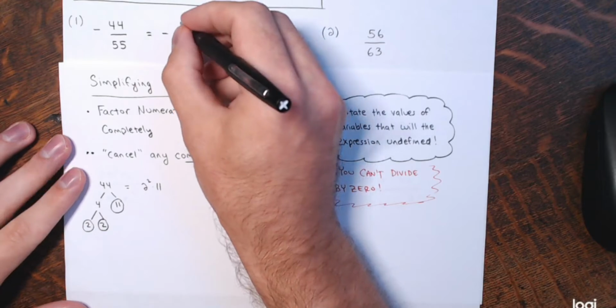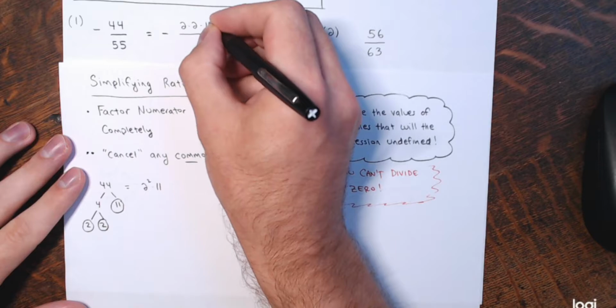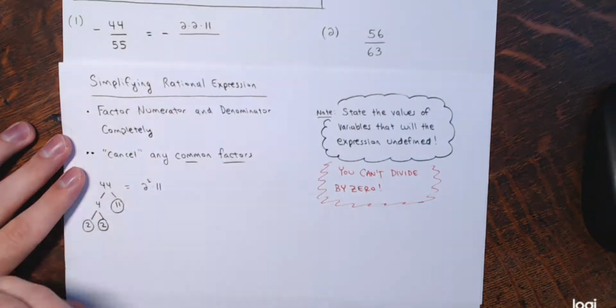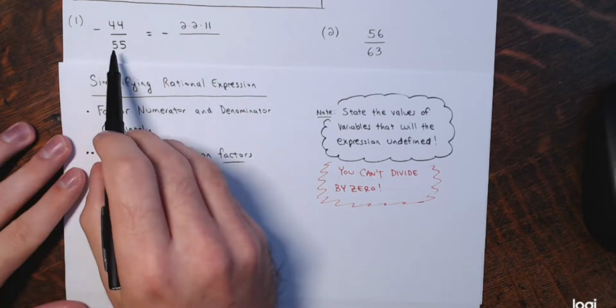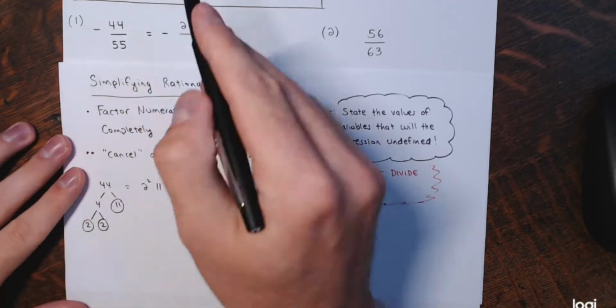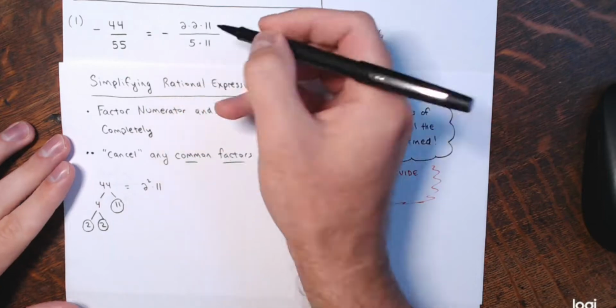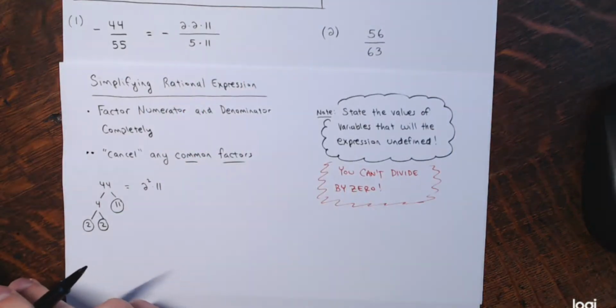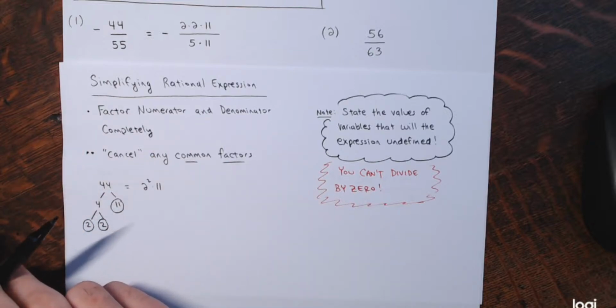So 44 is 2 times 2 times 11, writing out all the prime factors of the numerator. And for the denominator, 55 is simply 5 times 11. So that was step 1: I factor the numerator and denominator completely.